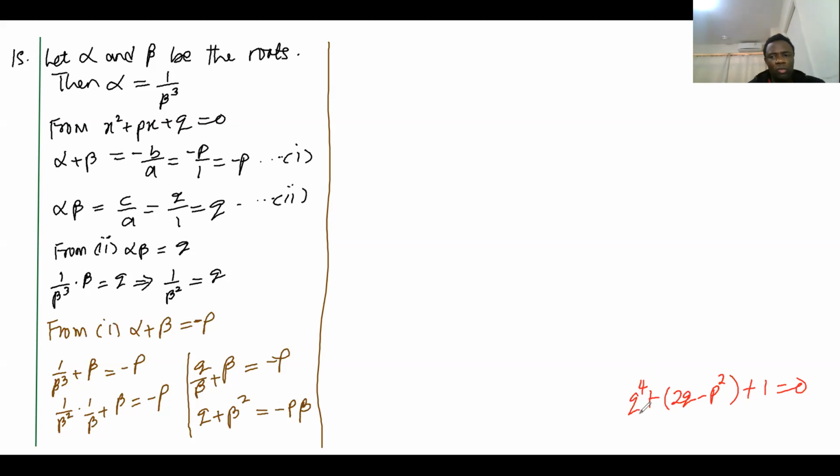There's a q to power 4. What if we put all this to power 4? If we put this to power 4 on both sides, alpha to the 4 beta to the 4 equals q to power 4. Then what is 2q?